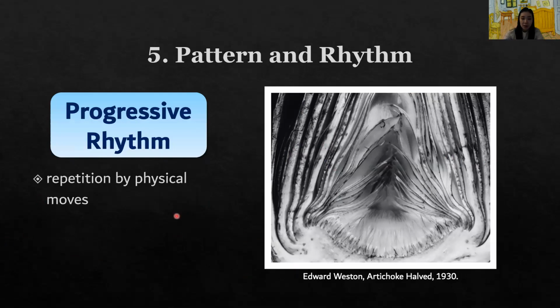In other words, progressive rhythm is the repetition by physical moves. For example, like capturing slow motion by photograph, like this.